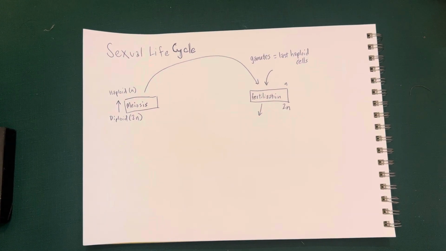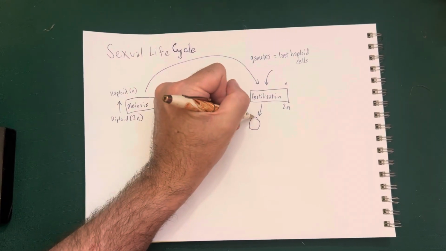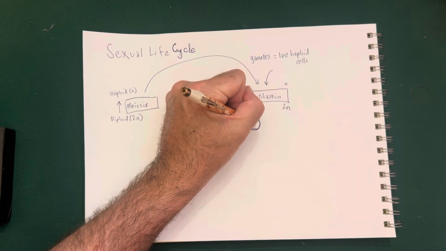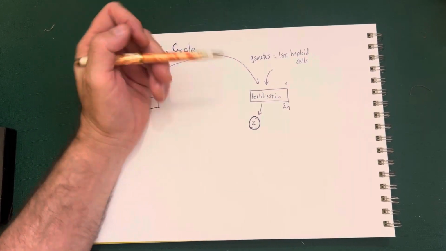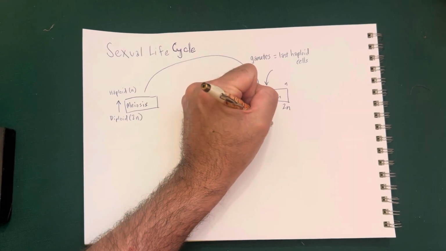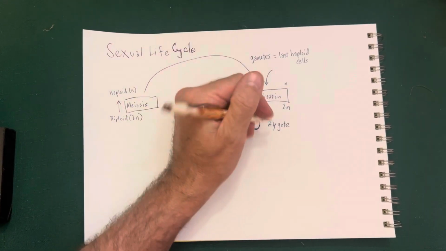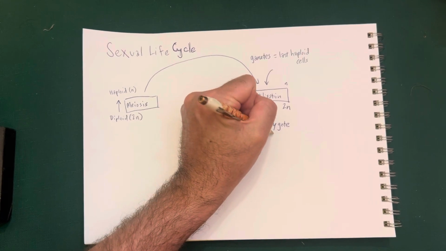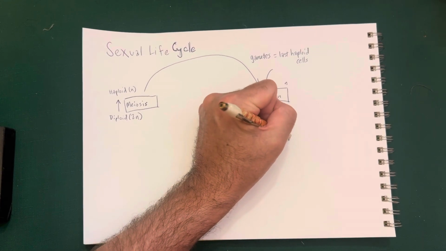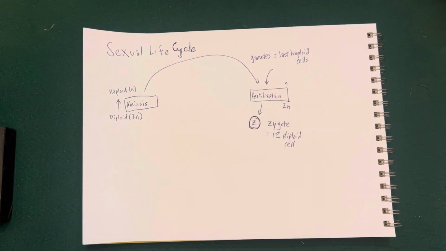Gametes are going to fuse together, two of them, and they're going to form a single cell. And I'm just going to tattoo it with a Z, because otherwise it just looks like a circle. Z in this case is not for Zanzo, it is for zygote. What is a zygote? A zygote is the first diploid cell in any sexual life cycle.